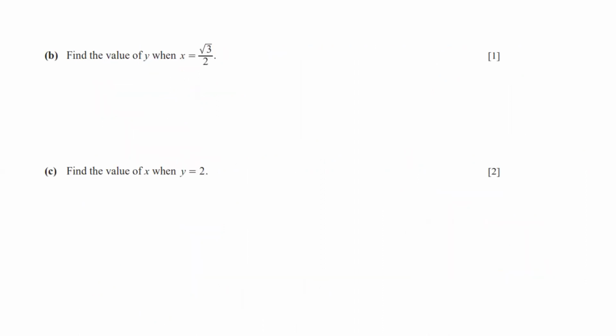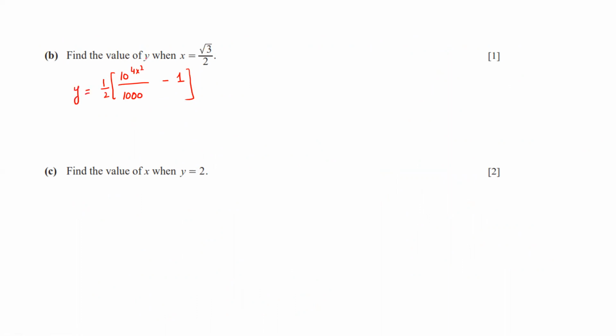Moving ahead, it says find the value of y when x is equal to this. Remember, we found out that y is equal to 10 power 4x square over 1000 minus 1, whole power 1 by 2.